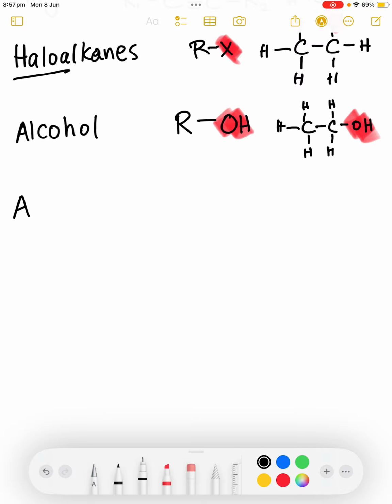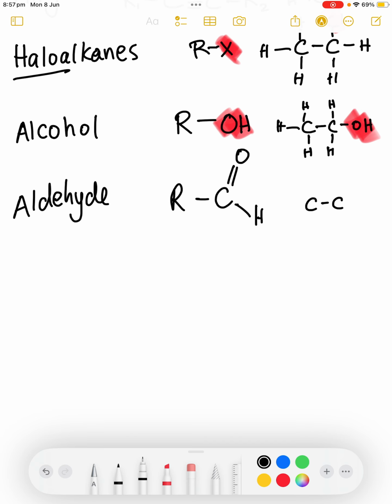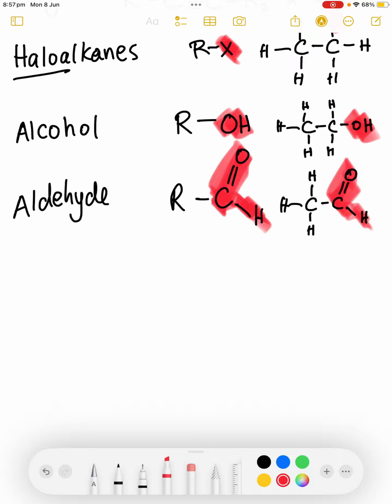The next one is an aldehyde. We've got R, C, double bond O, and then an H. An example of that will be C, C, and then double bond O, H, where you can see that it is the same as that there. Next you'll have a ketone.